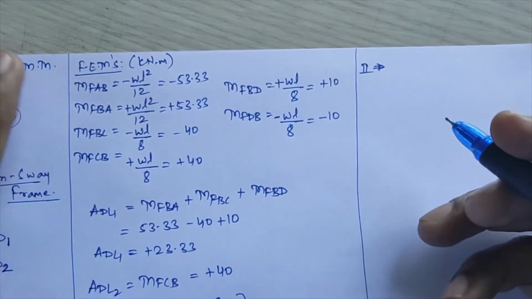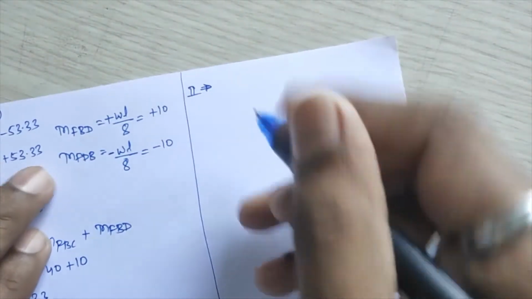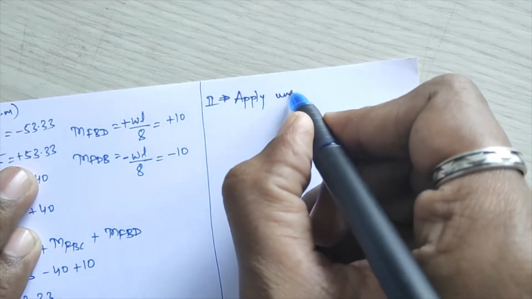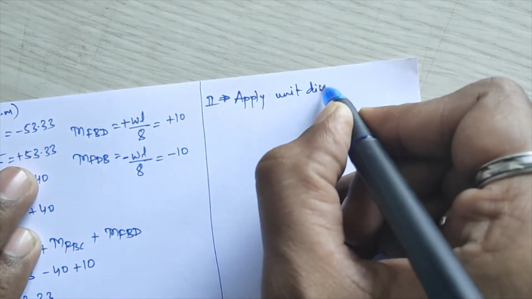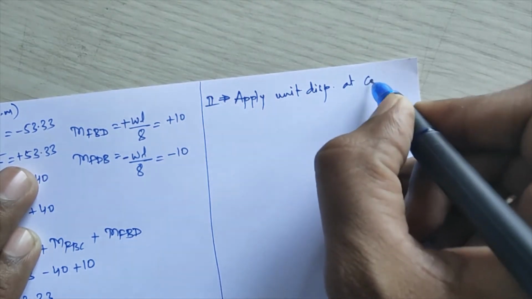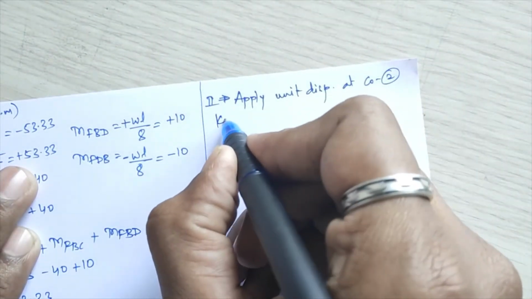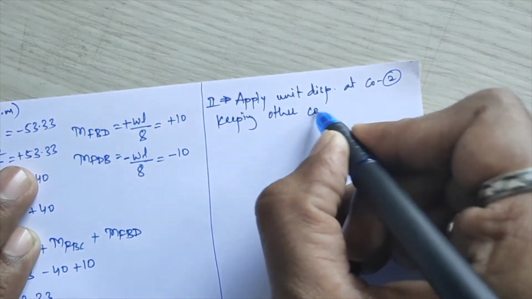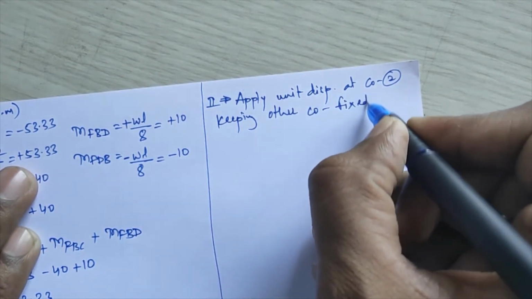So in that what we'll do, we apply unit displacement at coordinate 2 keeping the other coordinate fixed.